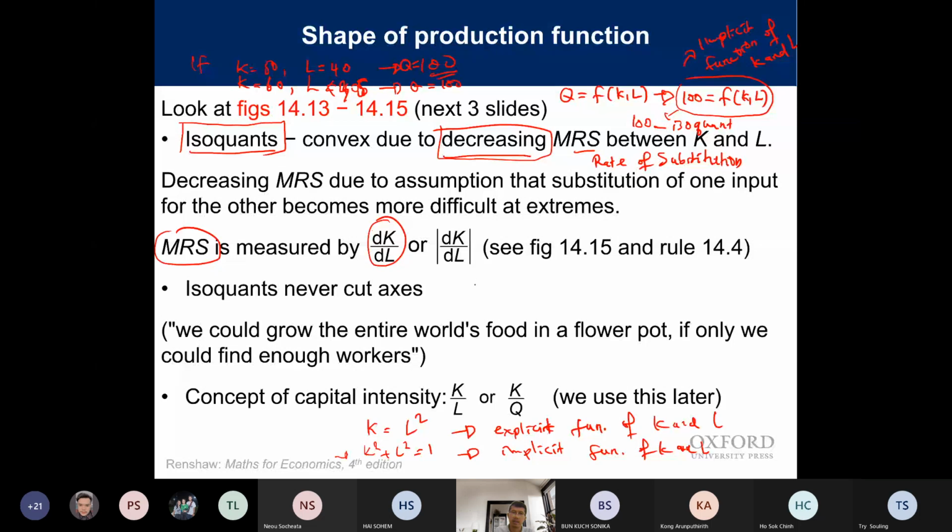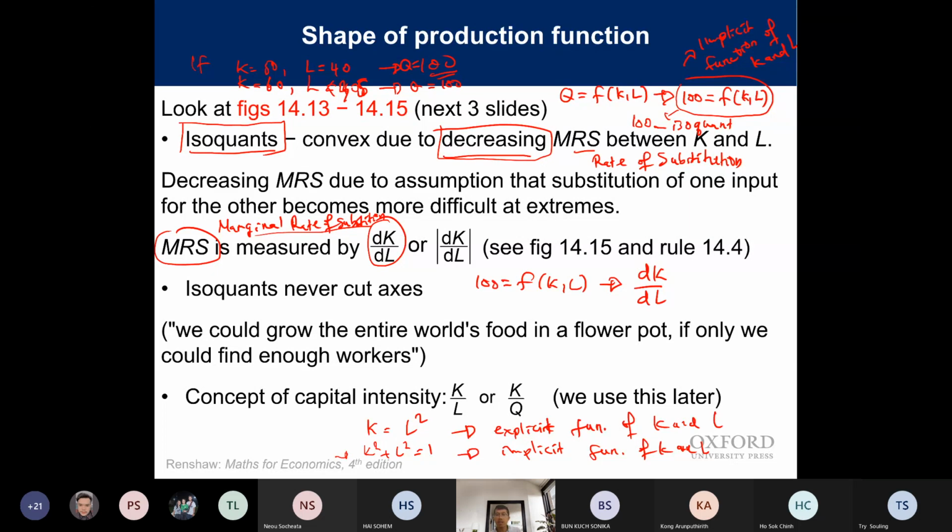Because you know that this is the implicit function of K and L. So maybe it makes sense to compute the change of K with respect to the change of L, and that is nothing but the derivative of K with respect to L. And we refer to this as marginal because it is a derivative, right? The marginal rate of substitution is nothing but the derivative of K with respect to L.